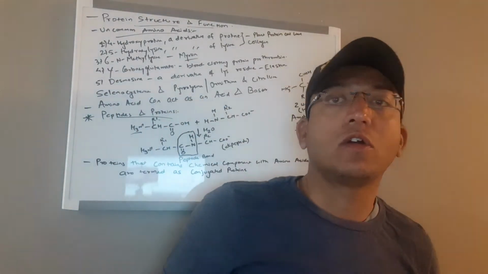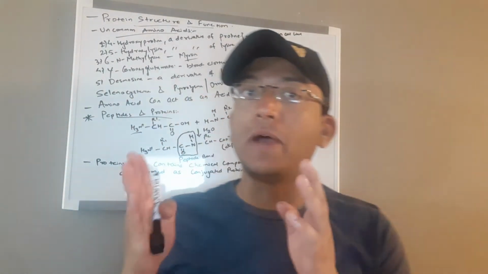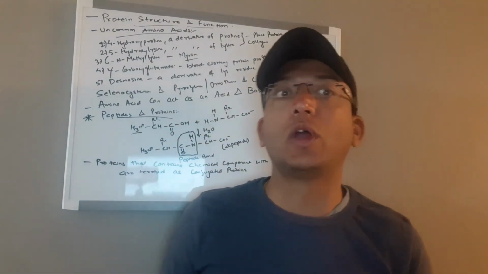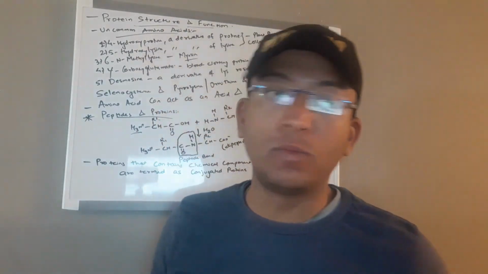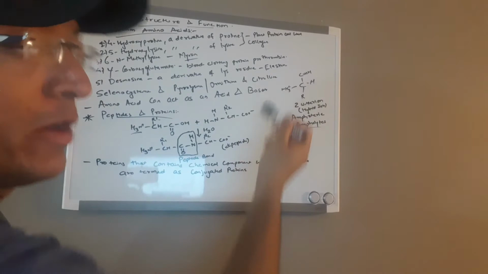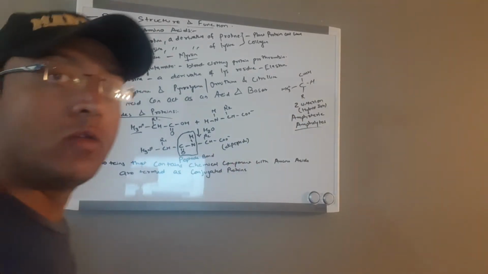Right, they are called conjugated proteins. So the non-amino acid part of the conjugated protein is usually called its prosthetic group, right? Whatever group is there with the amino acids will be called a prosthetic group, right?